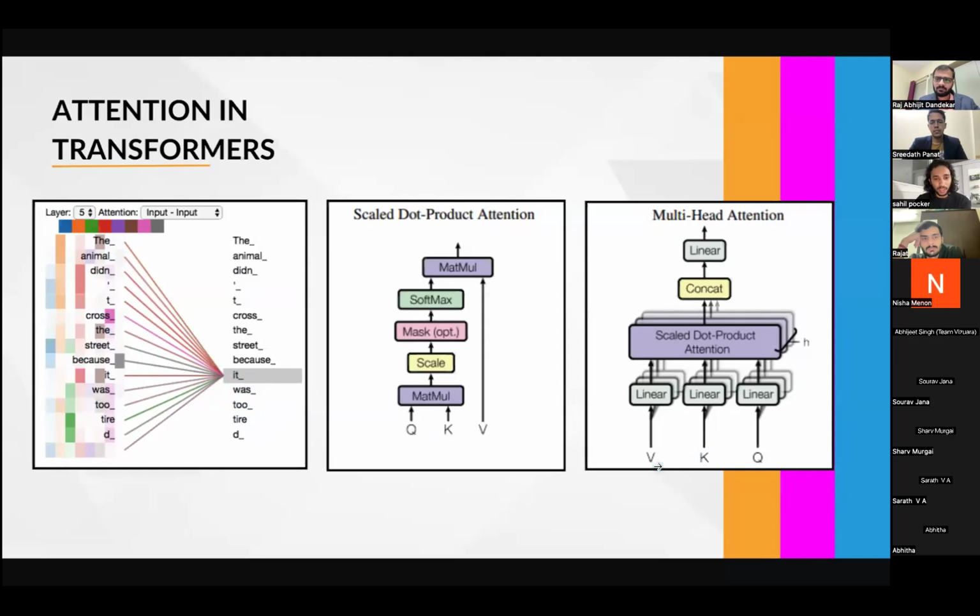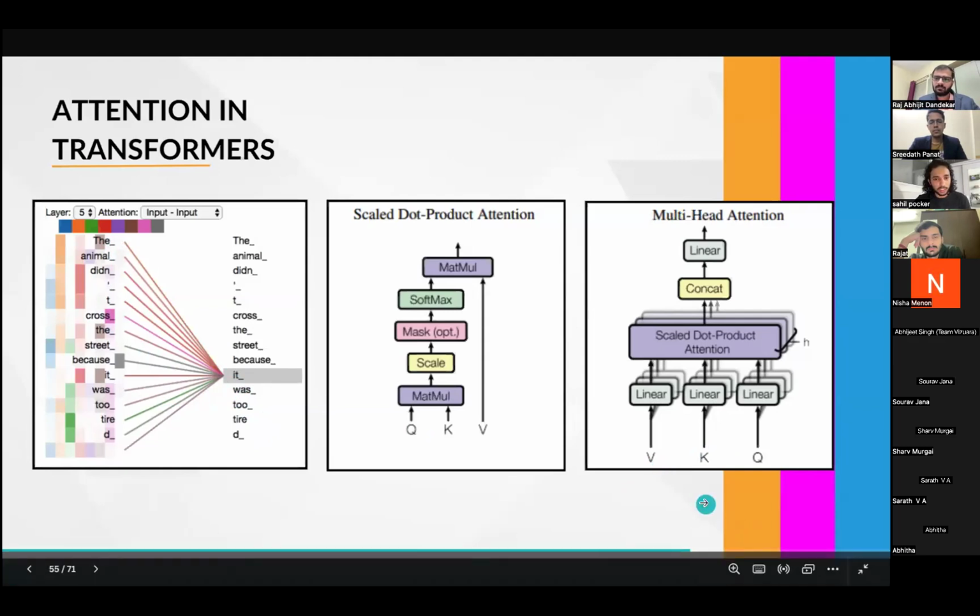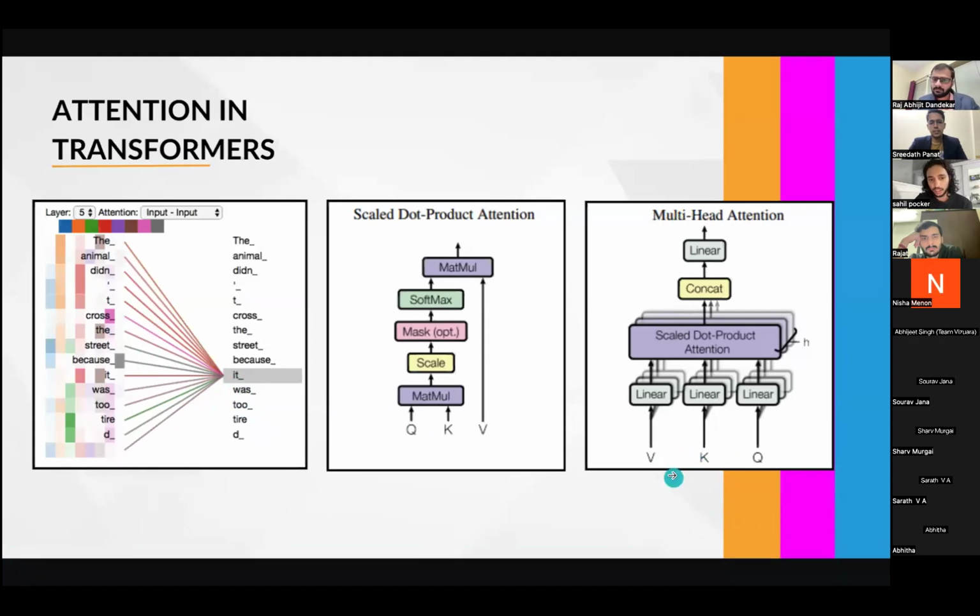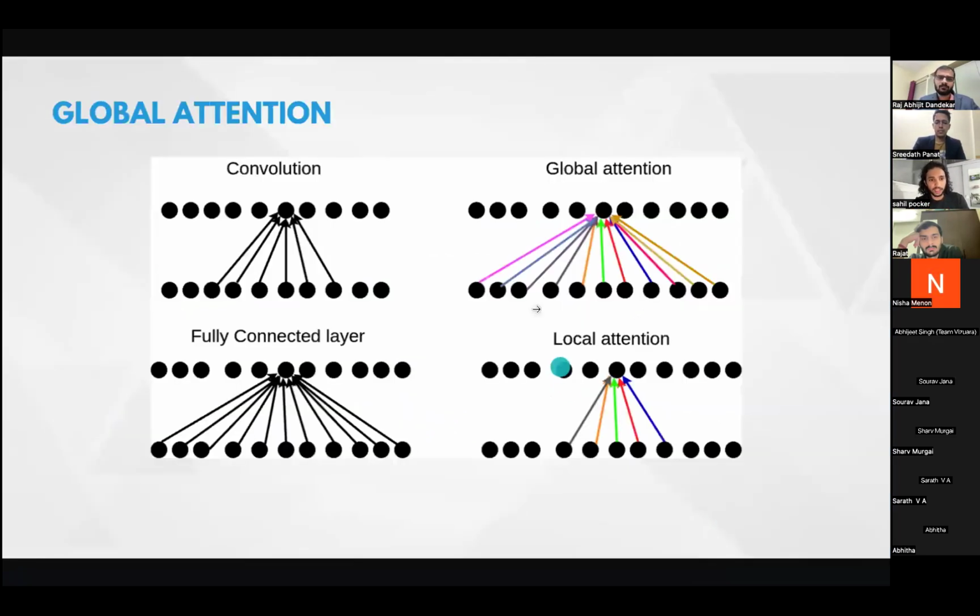This is done mathematically in a more complicated manner, which I won't be getting into depth in this webinar. But understand this much, that the input is fed into the first attention layer, and then we do a series of multiplications. Okay, let me go to the next slide, and I think you can see it better here.